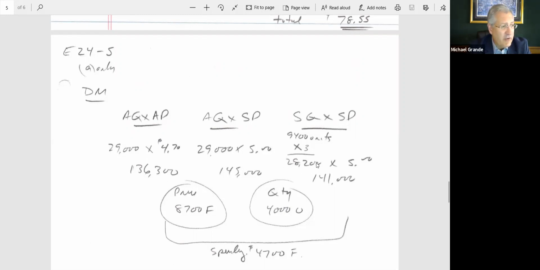Let's look at the quantity variance. They should have used 28,200 units. They actually used 29,000 units. Pardon me, they used 800 more. They used too much. They used 800 units more than they should have.